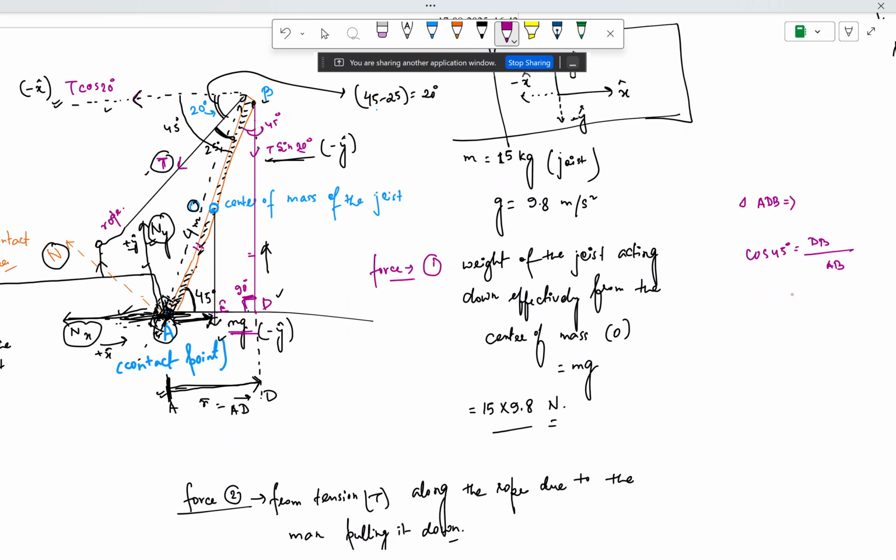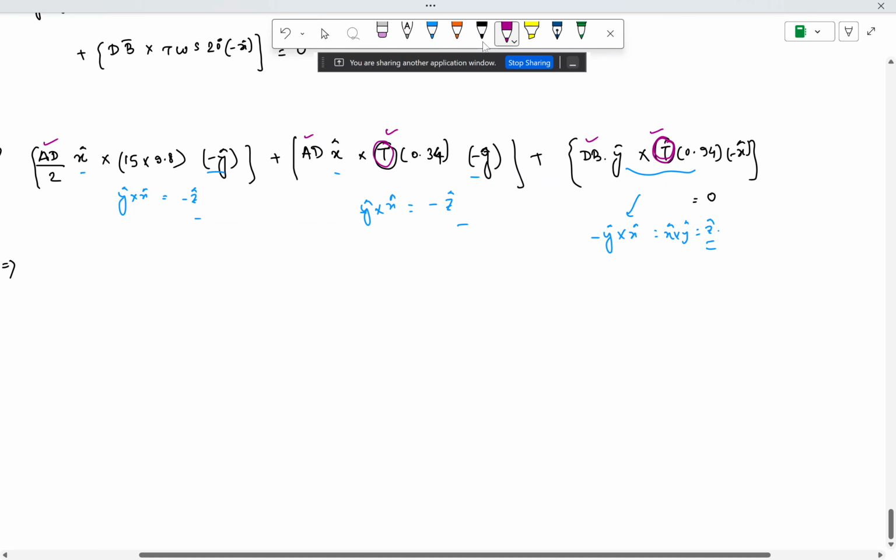DB is equal to 4 cos 45. Similarly, sin 45 degree is this arm by AB, so AD by AB, and AD is equal to 4 sin 45. So DB is 4 cos 45 degree and AD is 4 sin 45 degree. Here you can put those values.